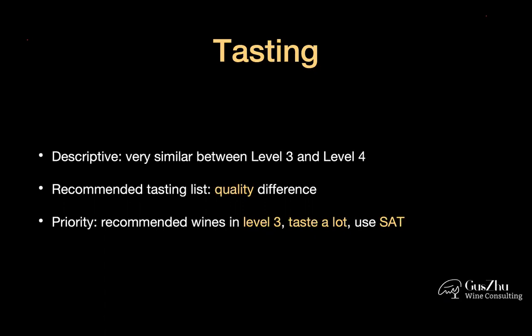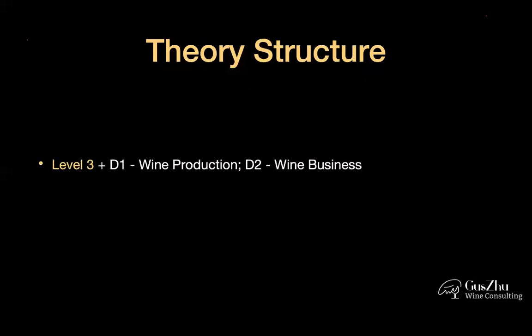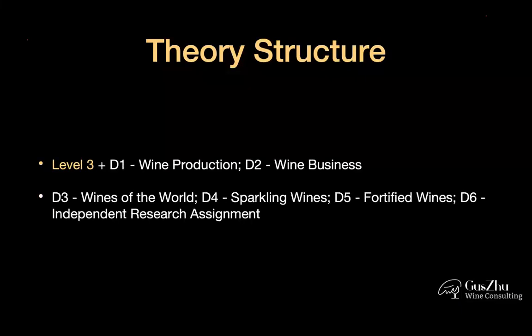And of course, you have to use the WSET system, the SAT. That I'm not going to talk too much about because there are rules over there, you follow them. More importantly, the theory. Especially for the new diploma, the way they structure the theory is, if you look at the specification, you learn D1, wine production first.